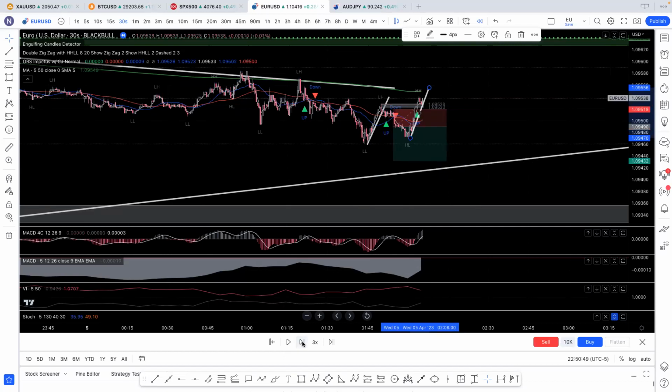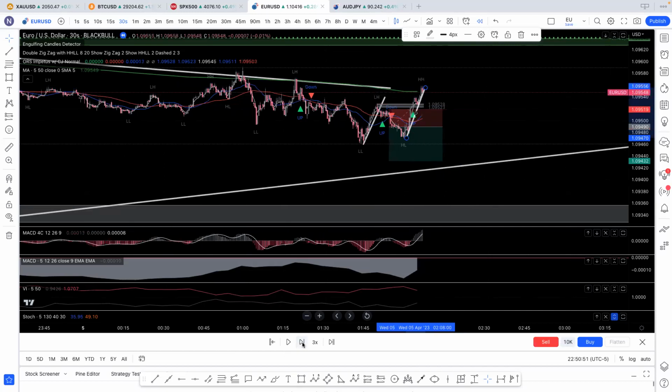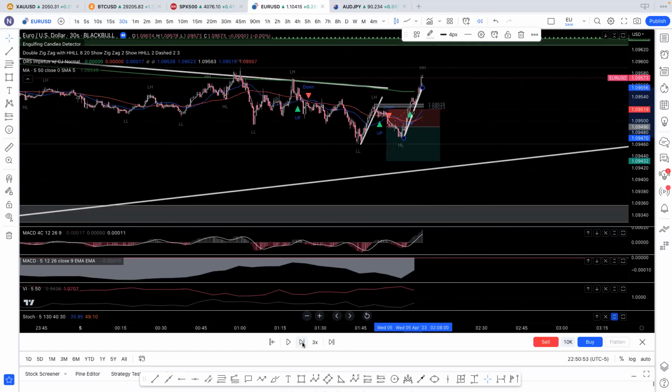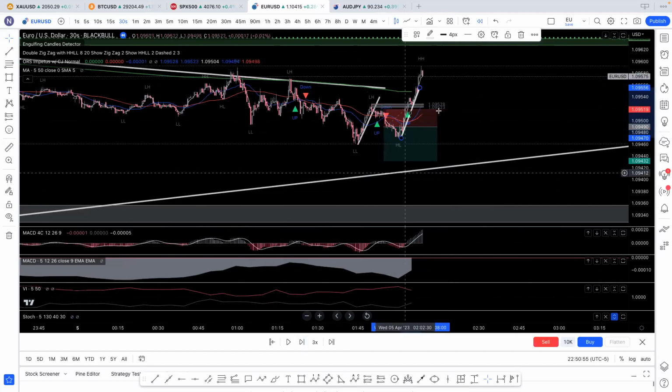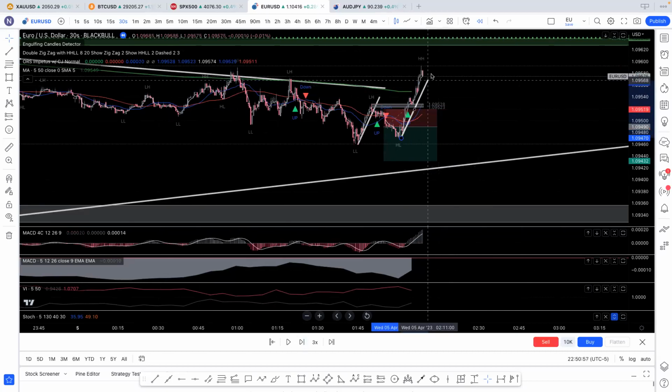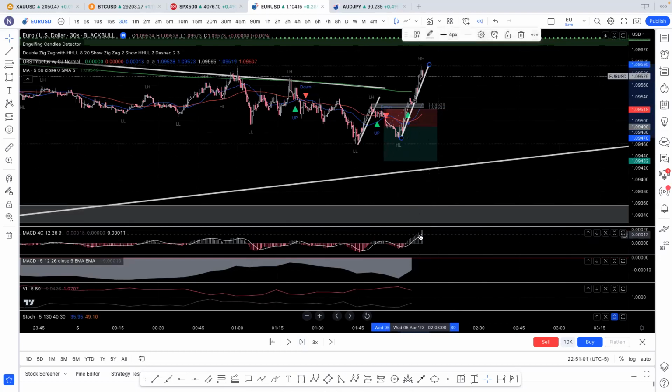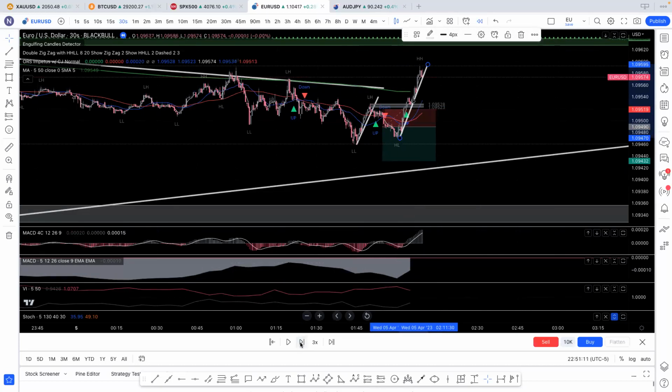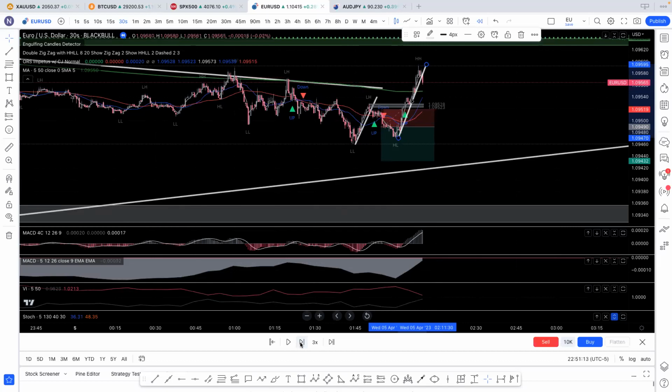So let's see what happens here. Price continues to go up. It's getting away from me, it appears. Continuing to get some momentum here. However, I'm losing momentum on my higher time frame. I'm going to continue trapping. All right, so I got a trend line break there.